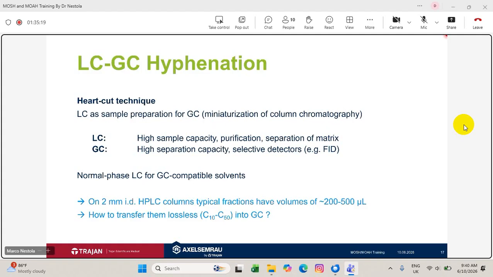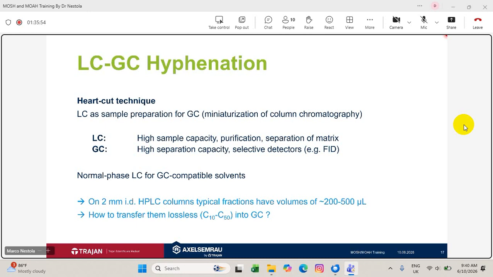So no 1000 bar pressures or whatever, but it's basically just a smaller version of our column chromatography. The idea is that LC makes it much easier to separate classes, like MOSH and MOAH in this case. You do not need to invent anything. While GC has the advantage of the capillary columns, so high separation power, and of course, for MOSH MOAH, it's the FID we want to use.